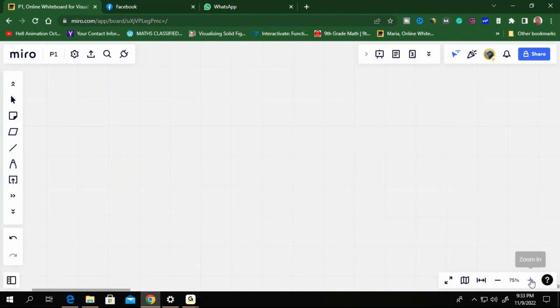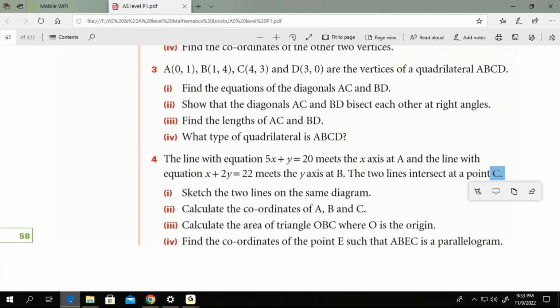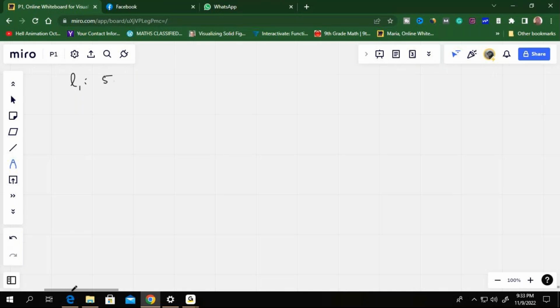Now I just write down my lines first of all and get their y-intercepts. My first line is 5x plus y equals 20.